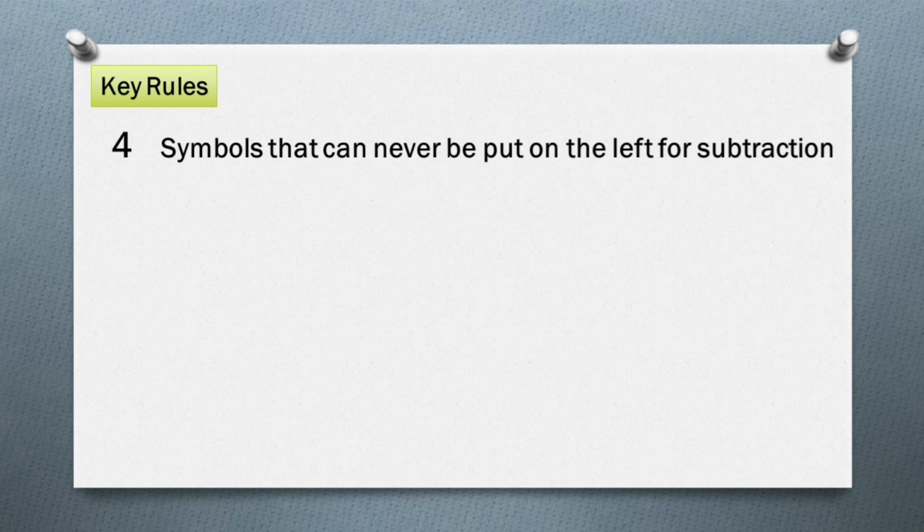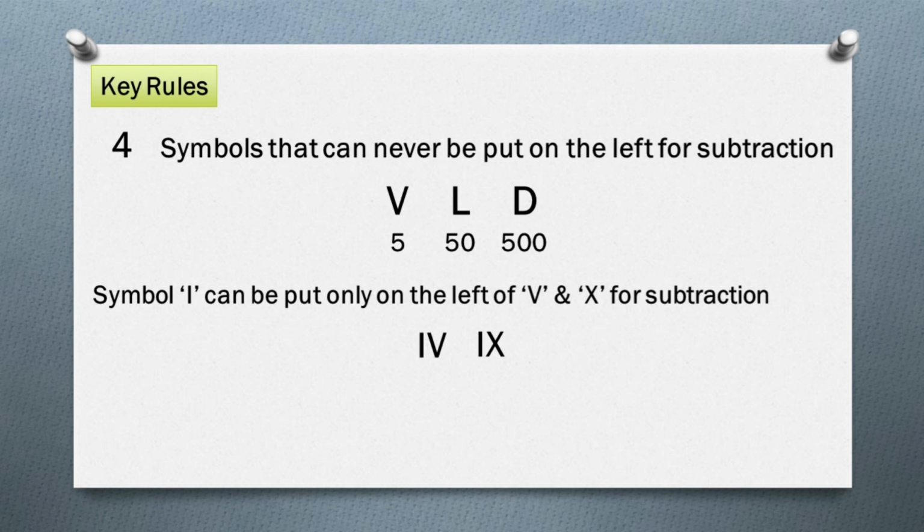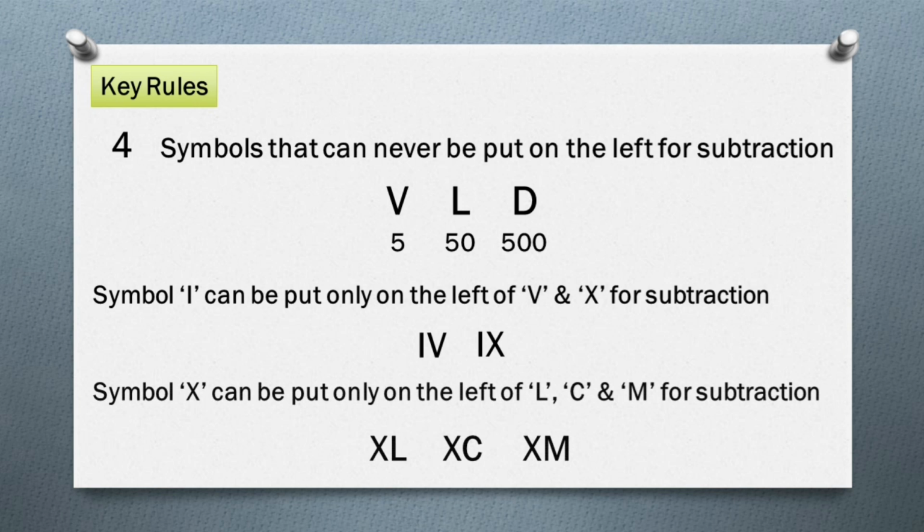There are 3 symbols that can never be put on the left for subtraction. These are V, L and D. Symbol I can be put only on the left of V and X for subtraction. Symbol X can be put only on the left of L, C and M for subtraction.